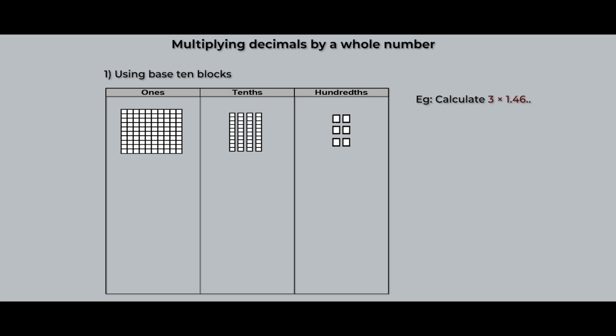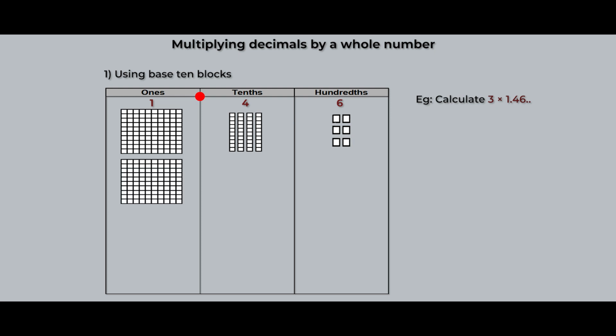Now here you are multiplying by 3. You already have 1.46. Now multiplied by 3 means you are repeating 3 times the same thing. So we are going to place 3 times the same thing.